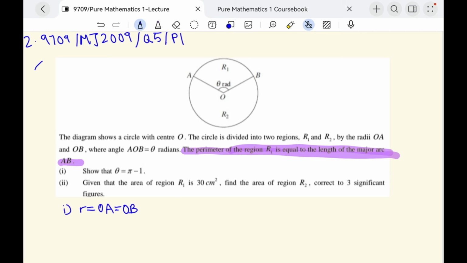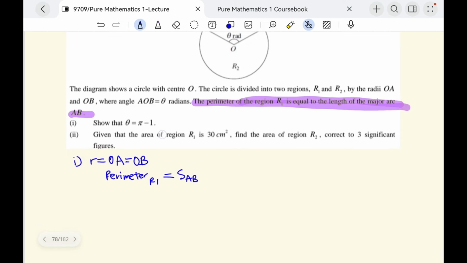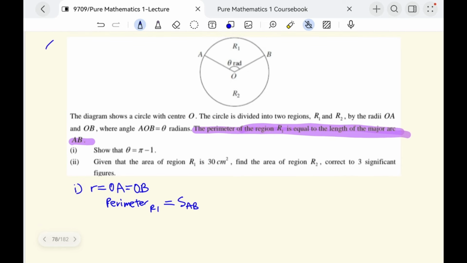It says that the perimeter of the R1 is the arc length AB. Use the formula of the arc length S equals R theta, so I can label R, but this angle is not theta, it's 2 pi minus theta, because 2 pi is like 360 degrees.